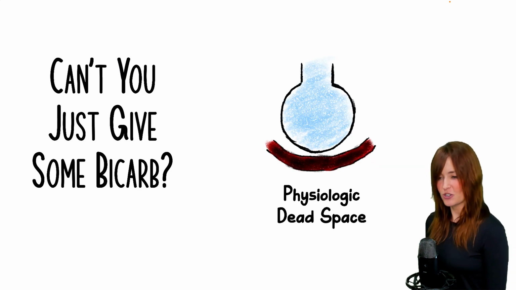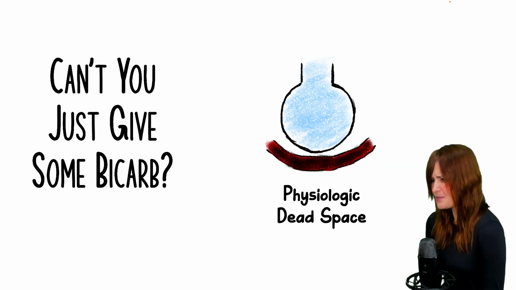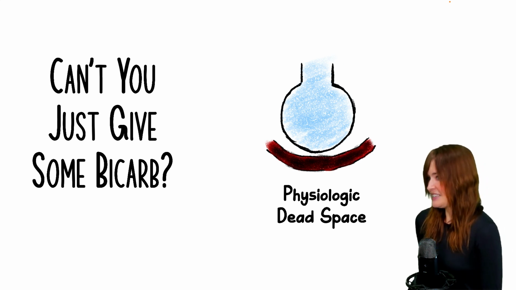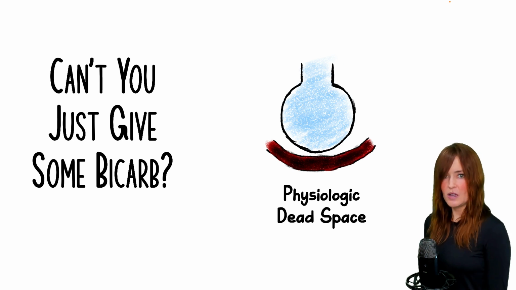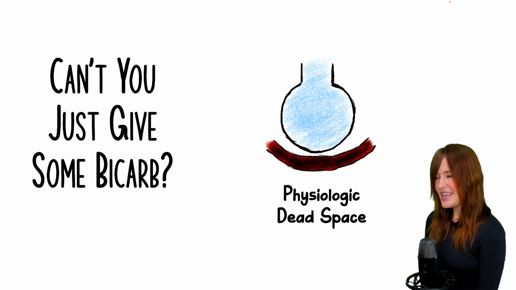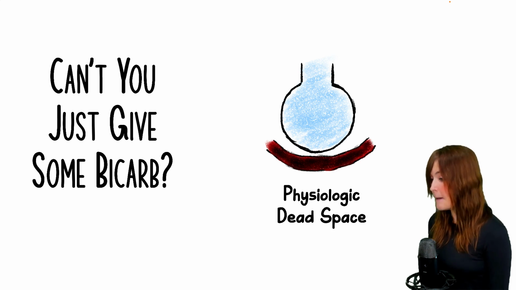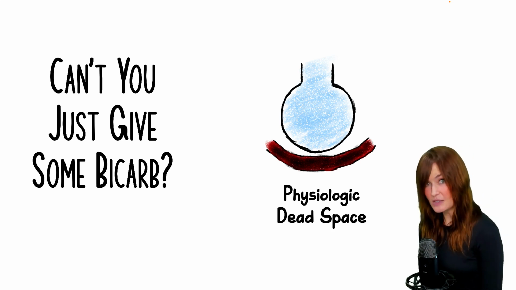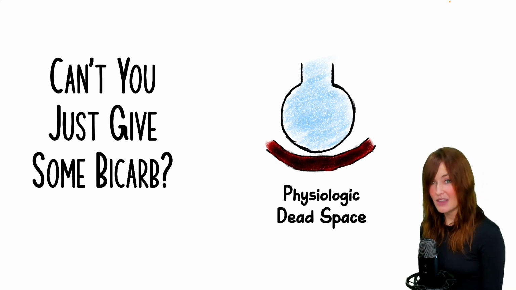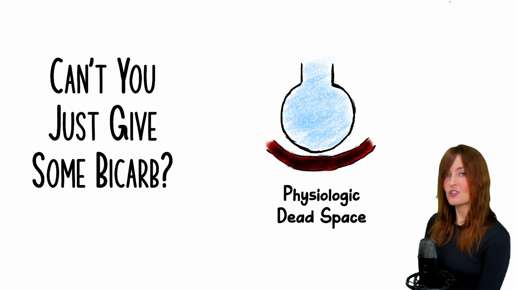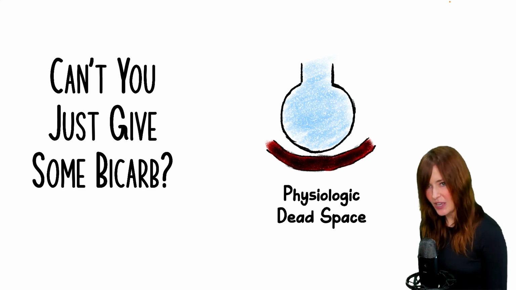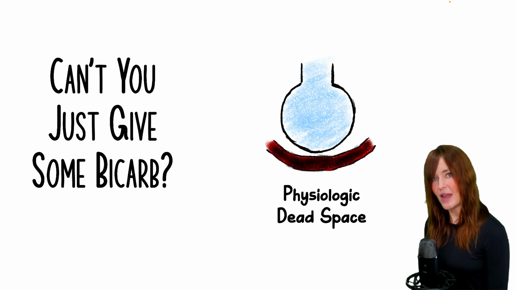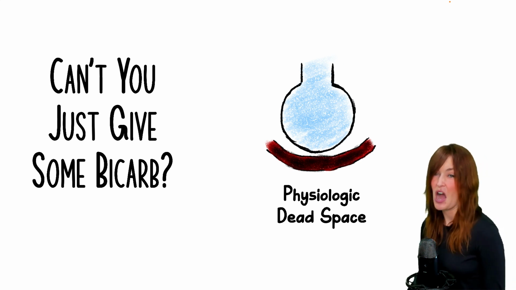Now, here's another question. Can't you just give some bicarb? I mean, we talked about how acidemia is bad and how fixing it will help you, so why don't you just give some bicarb? Well, it depends. If you have a patient who has a massive PE, or really bad lung disease, often those patients have a problem called physiologic dead space. Physiologic dead space happens when you have areas of the lung that are ventilated but not perfused.